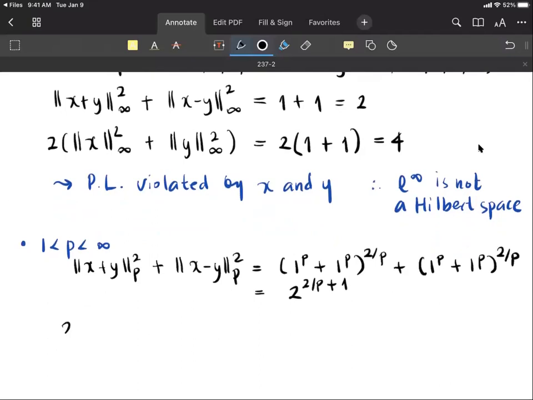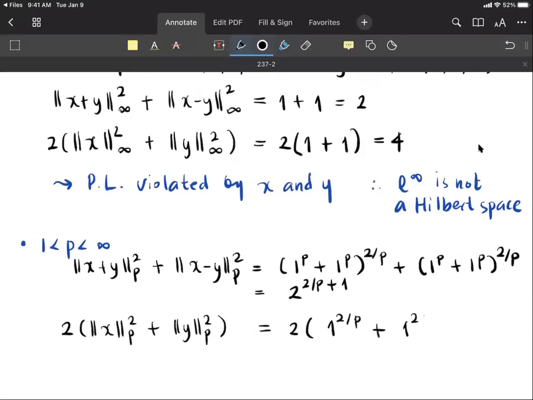With respect to the right-hand side in the parallelogram law, we will have twice, since we only have one term, 1 over 2 raised to p. The rest would be 0.